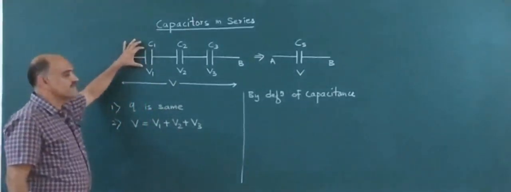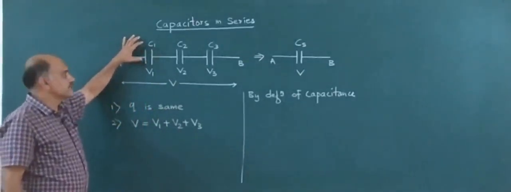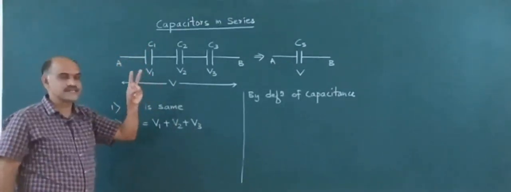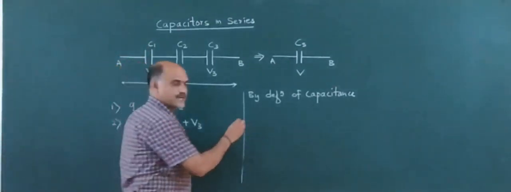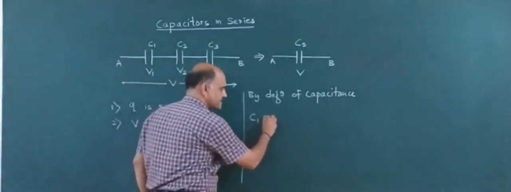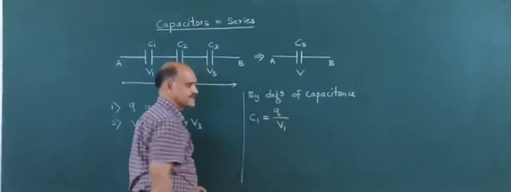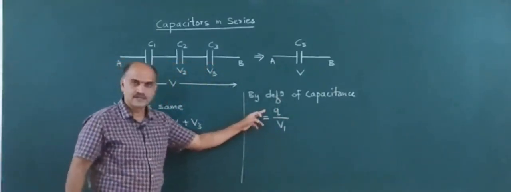If I take the first capacitor, here capacitance is C1, potential is V1, so C1 is equal to Q by V1.